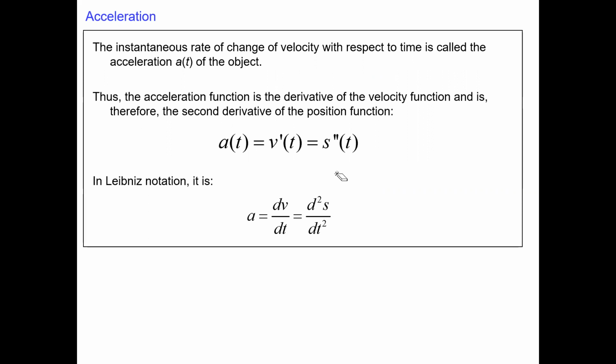We also learned this. The derivative of the velocity with respect to time is actually the second derivative of the original position function with respect to time, and again with respect to time, because it's the rate of change of the distance with respect to time, velocity, and again with respect to time, acceleration.